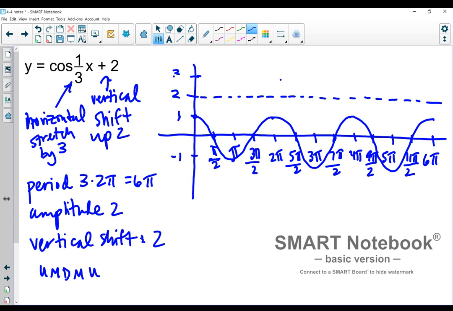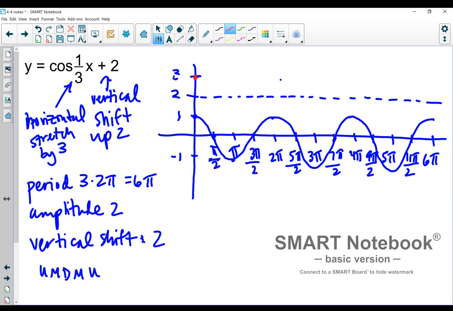All right, and then when I do my horizontal stretch, cosine here goes up and down from 2, my amplitude is still 1. So when I start up, I'm going to start up 1 unit from this line.